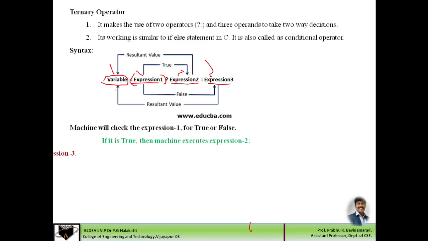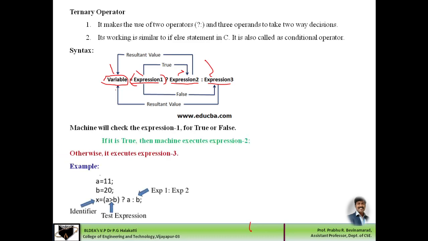So let us understand how it is going to perform the operation. Assume I have taken two variables here, A and B, and I'm storing 11 in variable A and 20 in variable B. I want to check which variable is greater out of these two. So for that I write the expression A greater than B using a ternary operator.